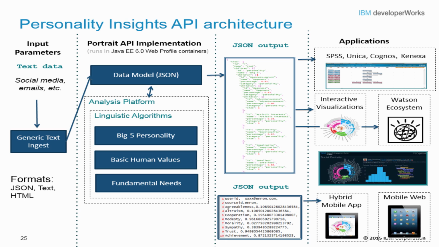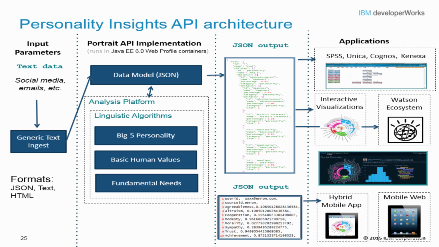One is the Portrait API that accepts a list of content items with their metadata and analyzes them, returning the results in JSON format. It produces a tree of cognitive and social characteristics, including Big Five personality, values, and needs.